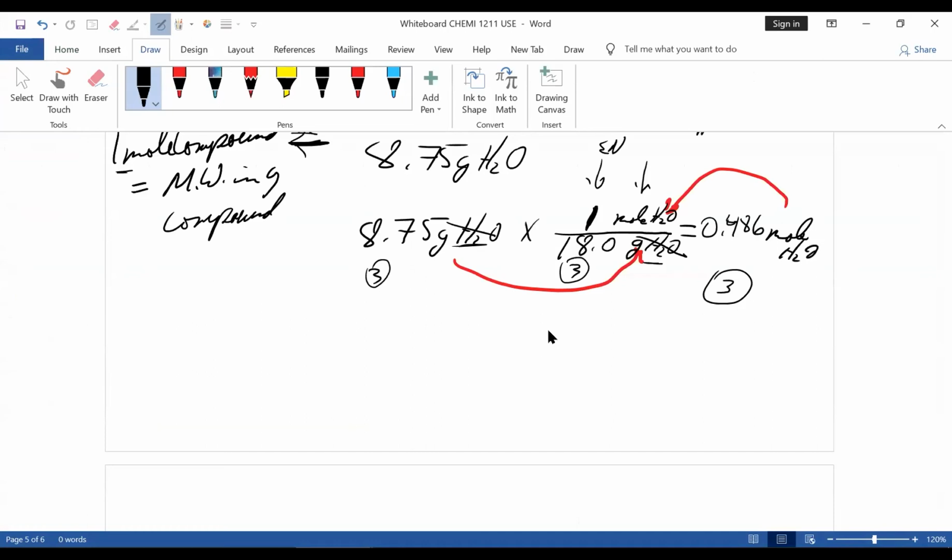And that's how you do it. Remember, when you're doing unit analysis, whatever you're trying to get rid of goes underneath this ratio. Whatever you're trying to get to goes on top of the ratio.